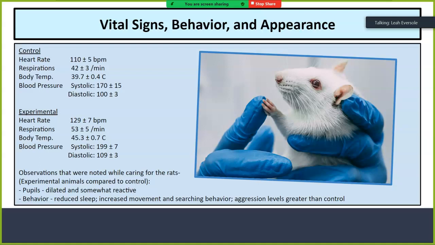The behavior was reduced sleep, increased movement, and searching behavior. Aggression levels were greater than the control group. So this might lead us to believe that it is epinephrine compared to somatostatin, because this ties into the fight or flight response, something that might occur during that response.